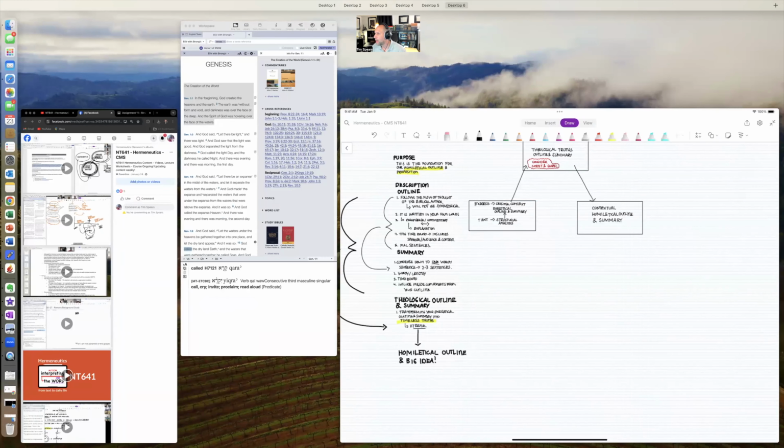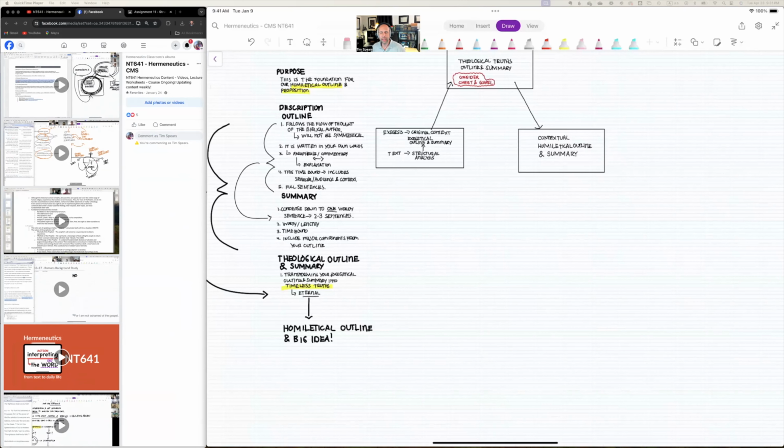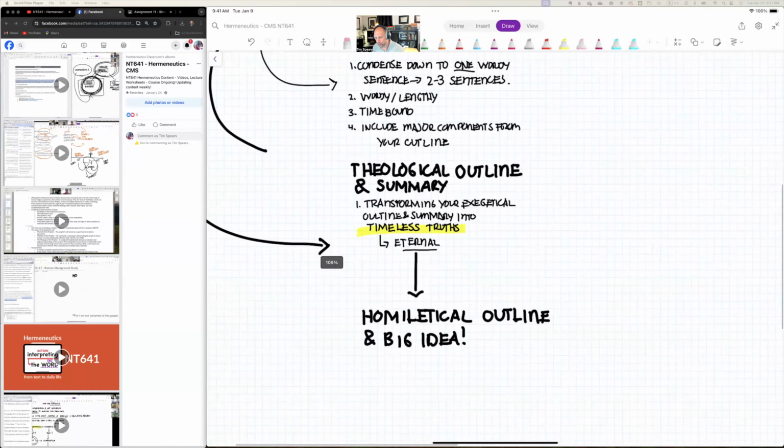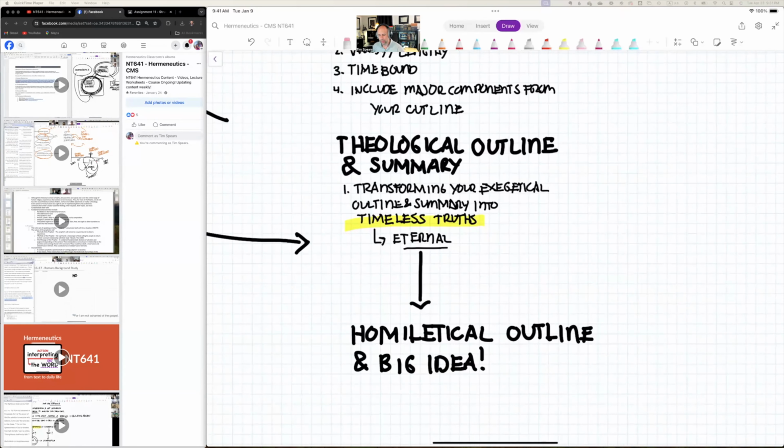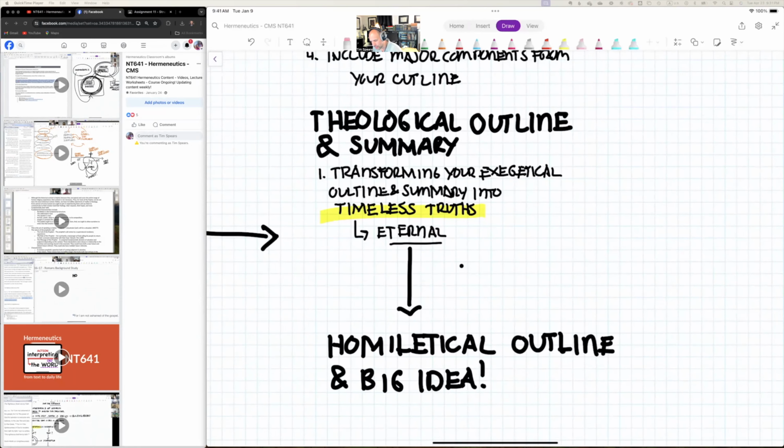Okay, before we get into the homiletical outline and the big idea, because that's the last step, we have a step in our method: we have to consider Christ and the gospel.